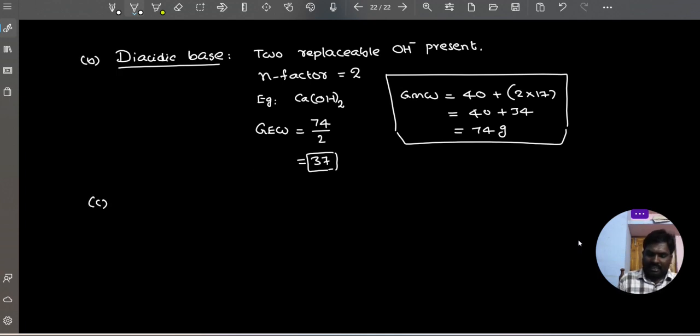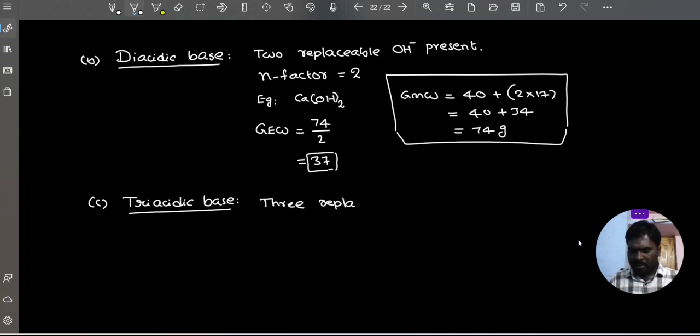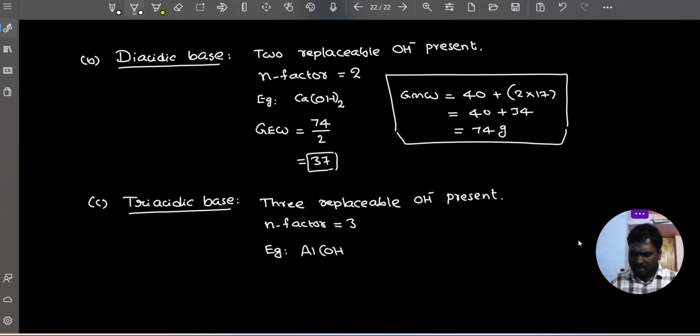Now, triacidic base. How many replaceable hydroxides are present? 3. Three replaceable hydroxides present, N factor 3. Example, Al(OH)3.